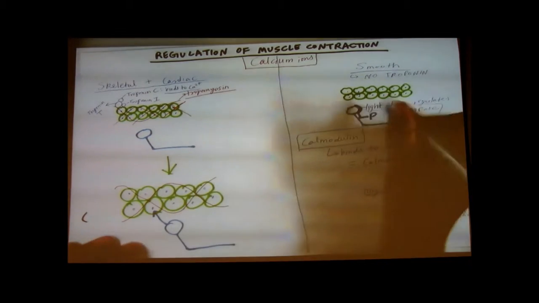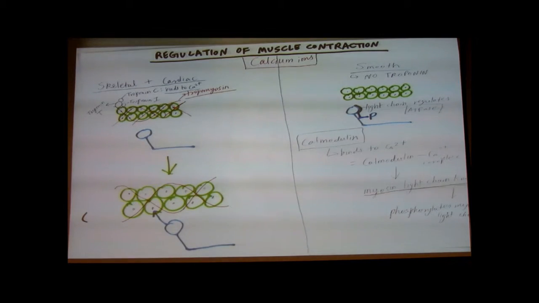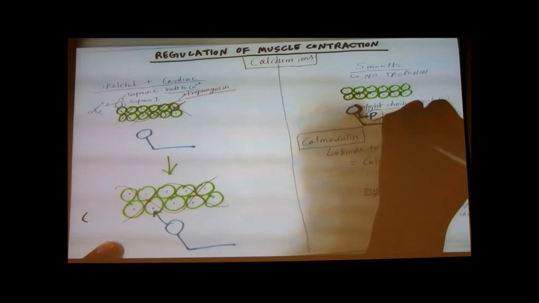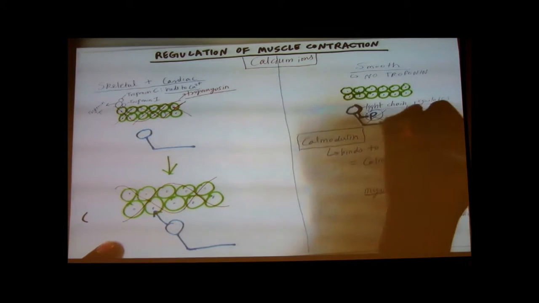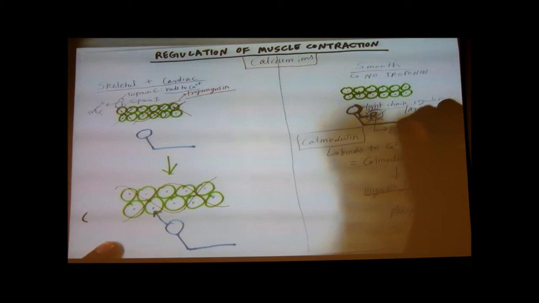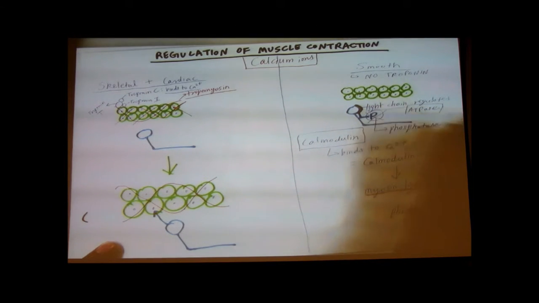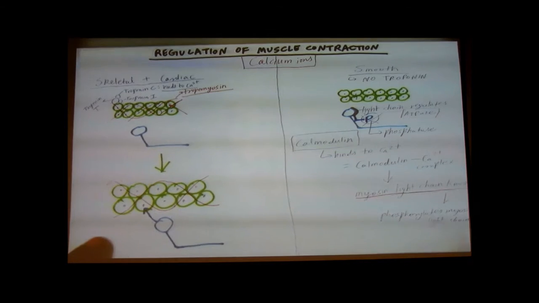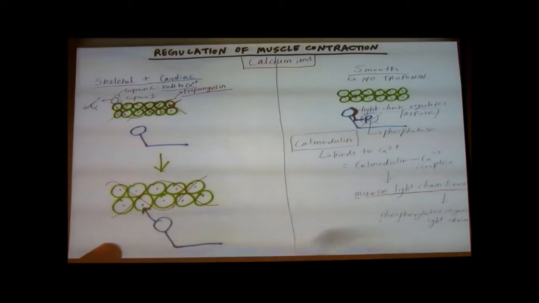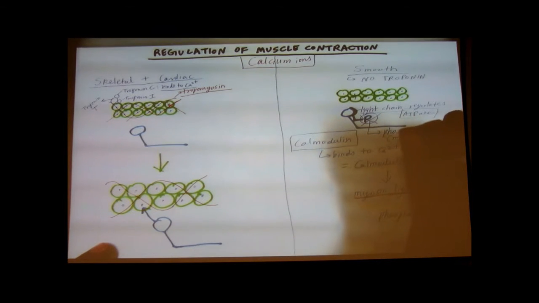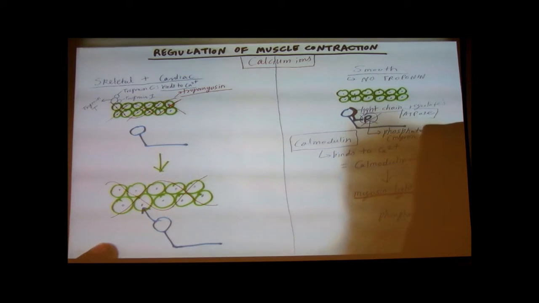It's important to get rid of this phosphate, and that is done by what's called phosphatase, which is a general enzyme that gets rid of a phosphate from a molecule, and in this case, it's called myosin light chain phosphatase.